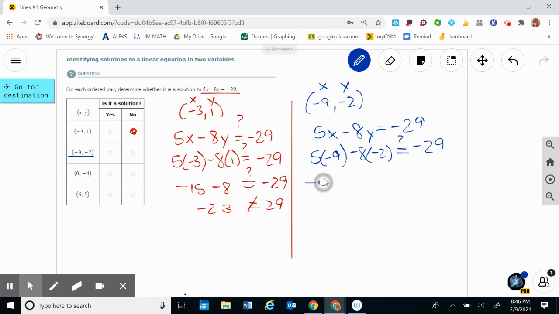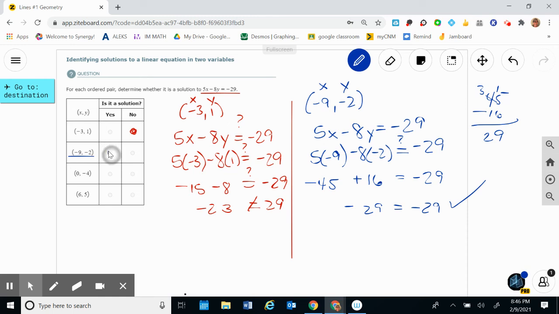Let's find out. -45 plus 16 equals -29. 45 minus 16, borrow, 15 minus 6 is 9, so 29. It is. -29 equals -29. It checks.